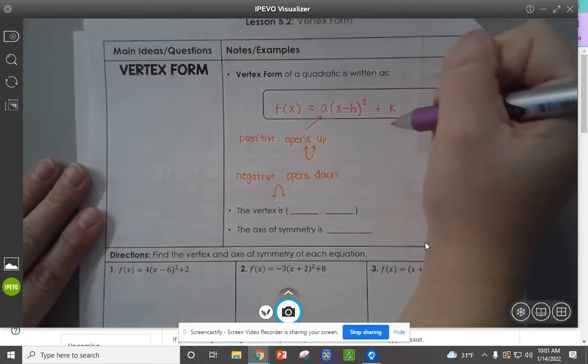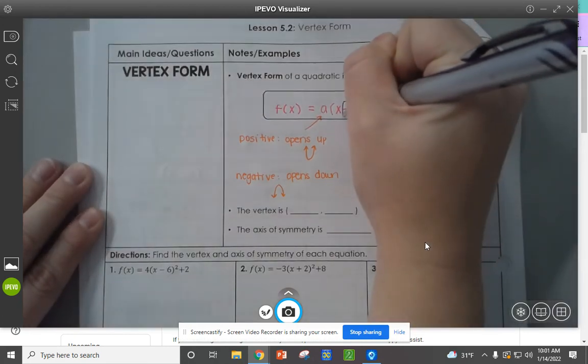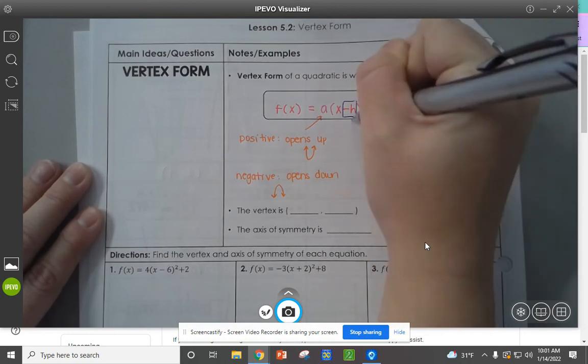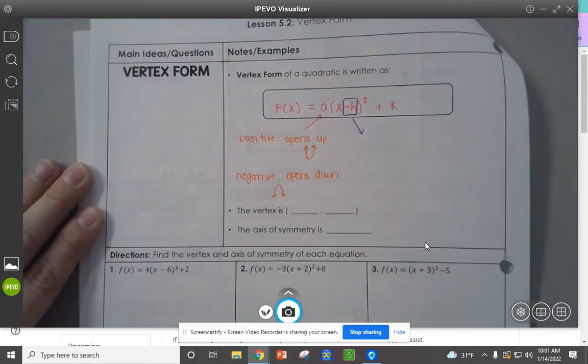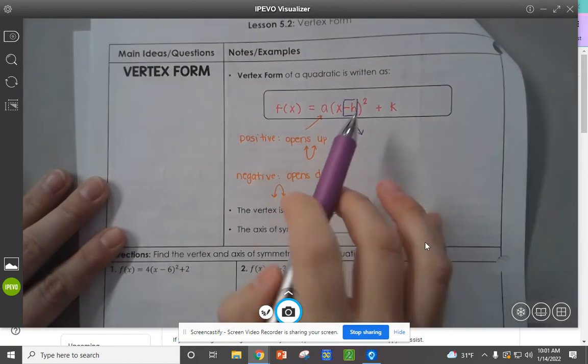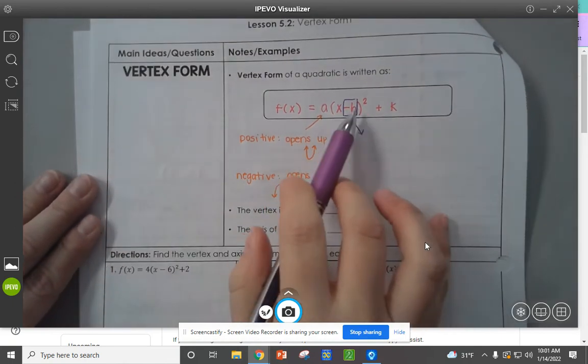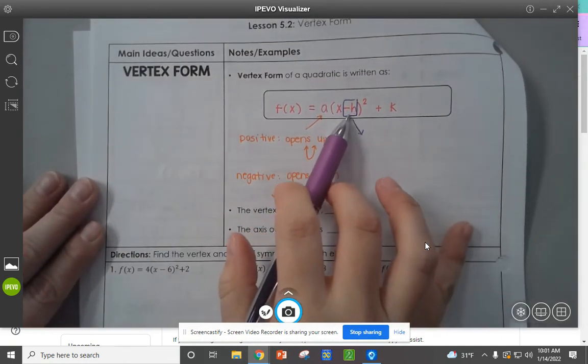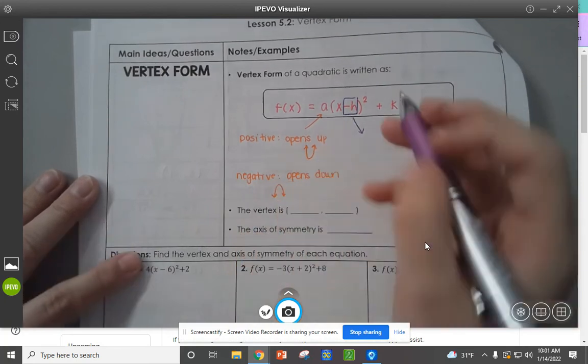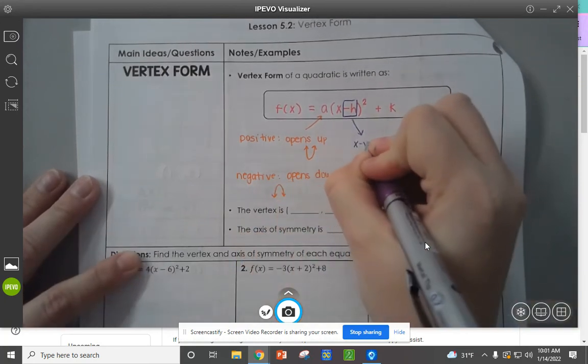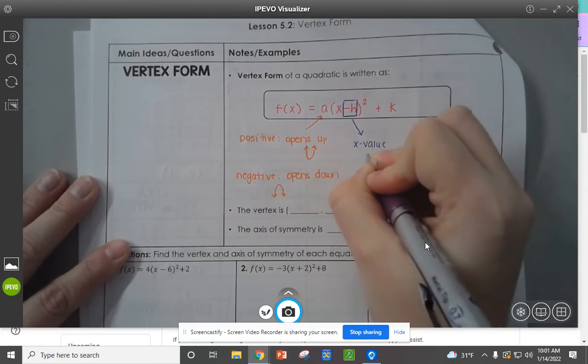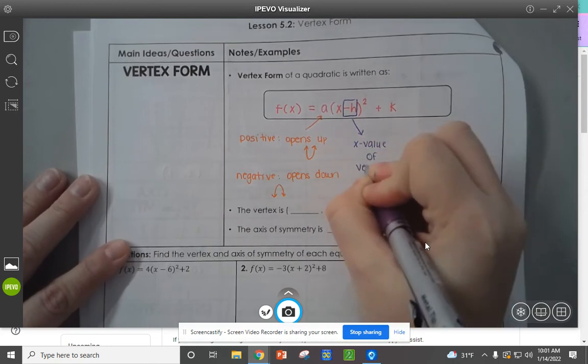Then we look at this h and k. The number that's here in the parentheses, you'll see an actual number. That tells us the x value of the vertex.